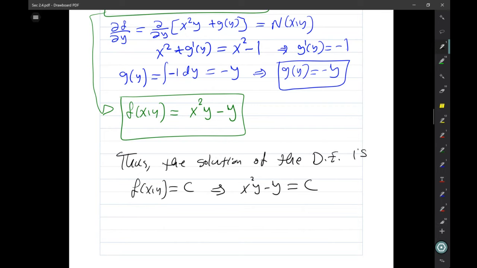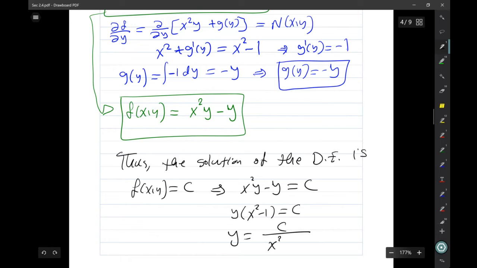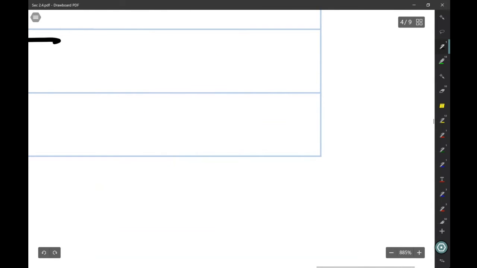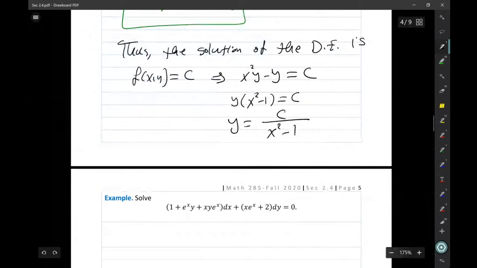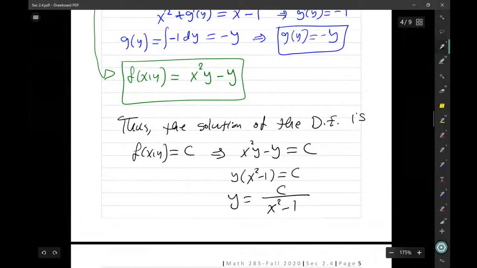Of course, you can simplify it. Take y as a common factor, y times (x squared minus 1) equals c. So y is equal to c divided by x squared minus 1. This is an explicit solution. And that's all.